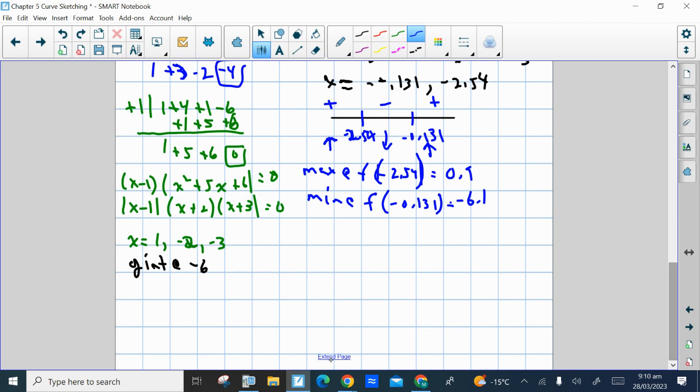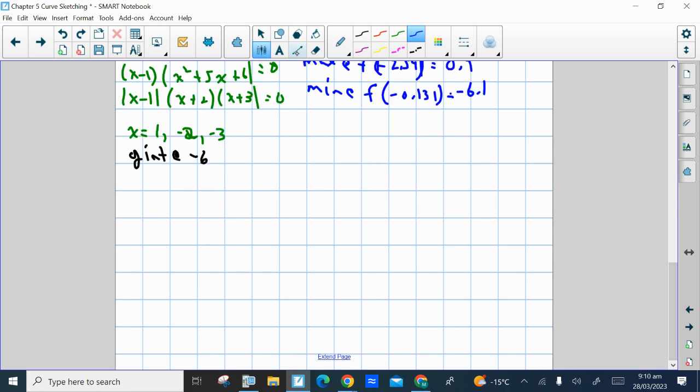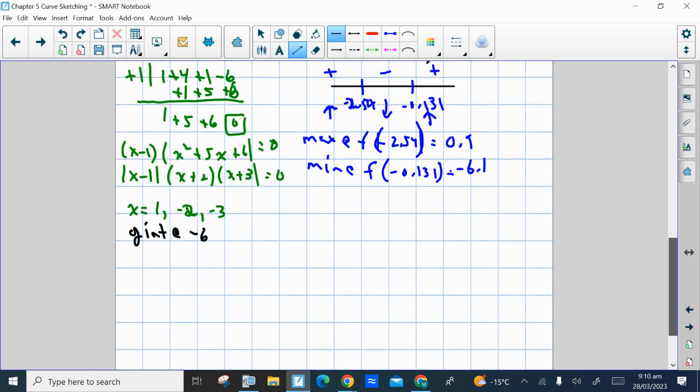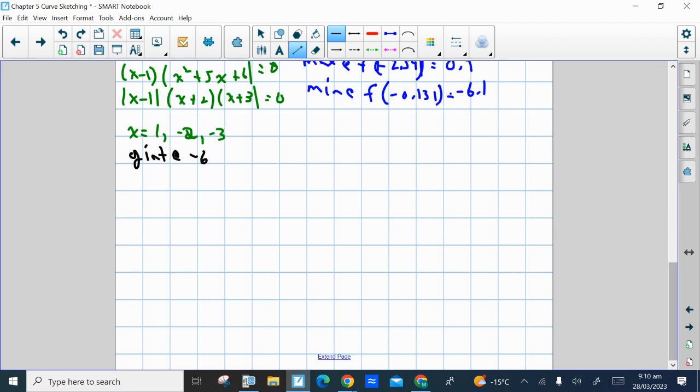So that's really all we need to sketch this graph. We have x-intercepts at 1, -2, and -3. Our y-intercept is at -6.